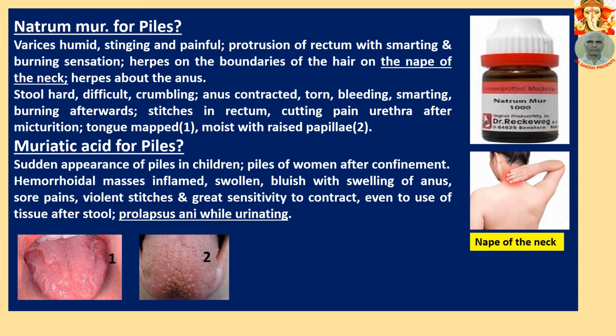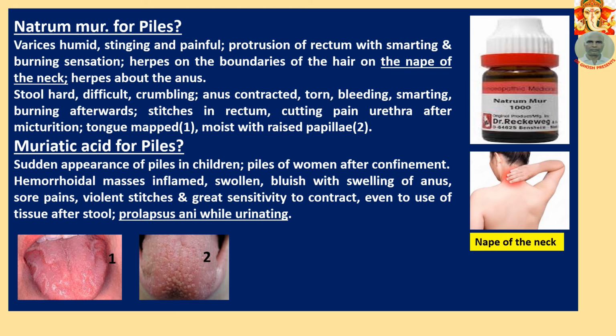Stitches in rectum, cutting pain in urethra after micturition. Tongue map, picture 1, or tongue moist with raised papillae, number 2. I will describe the picture very soon, particularly these 2 types, nape of the neck.